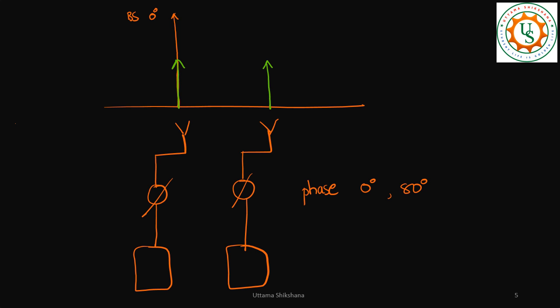The signal coming out of both is in the same phase, so at this point both are in the same phase and they will add up. And as I was mentioning earlier, the beam would form something like this, right?